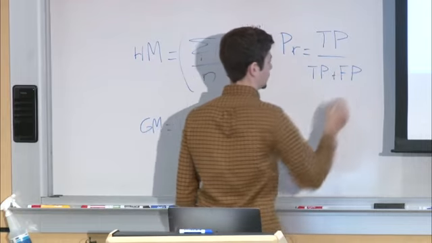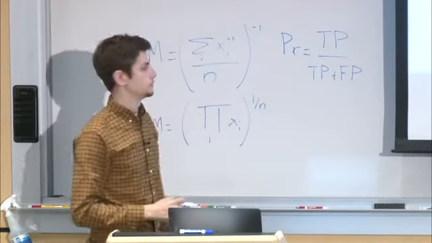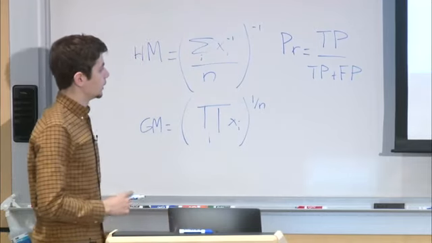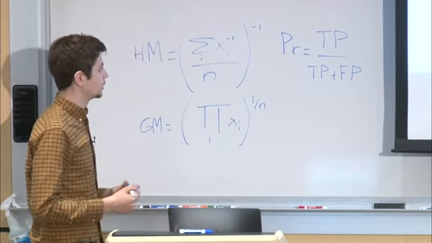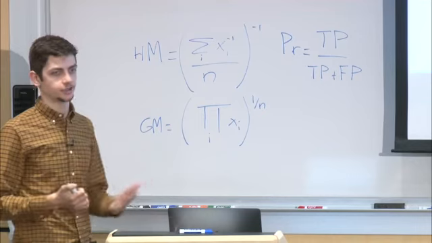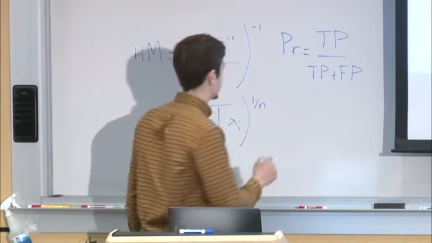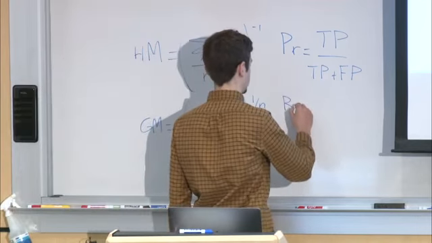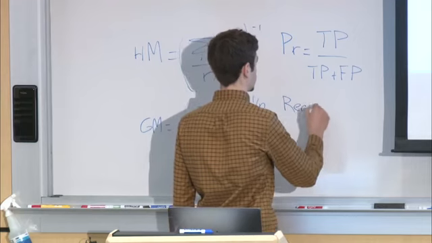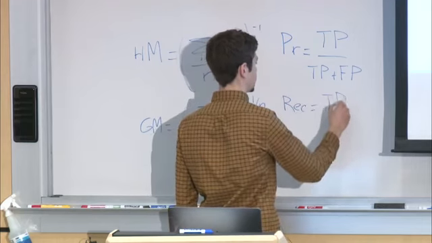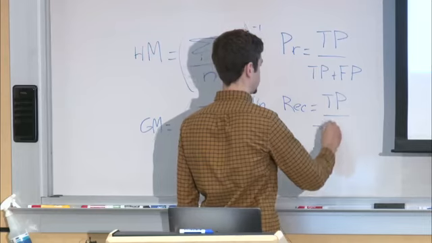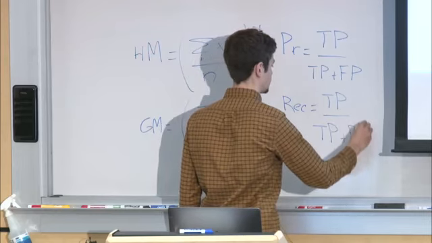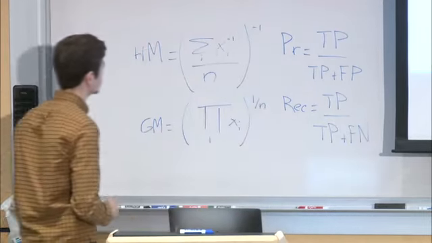Again, this is just repeating what I had up on the board before. It's how many of your positive predictions are actually correct. Your recall is really just your true positives over true positives plus false negatives. That's how many of your positives you got correct.